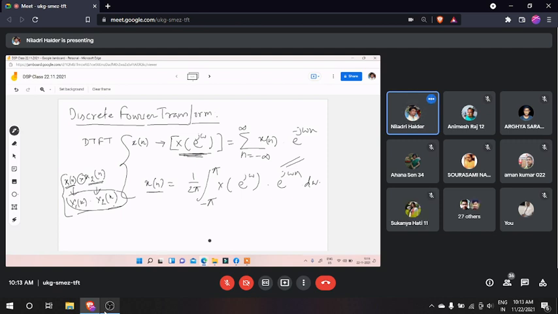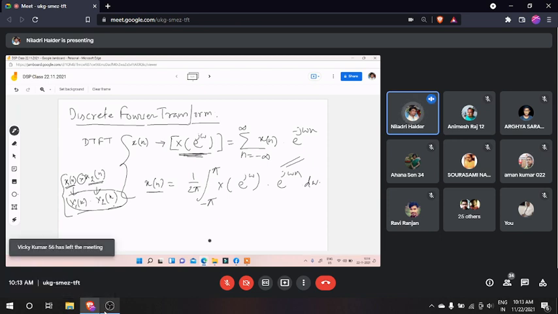Because the calculation of a signal related to frequency is much easier than the signal in time domain. So that is the reason we always need to convert the sequence into frequency domain, then do the needful operation, and again convert that frequency domain signal back into the time domain. So you will get your result. So that is the overall process. Always you need to keep in mind.